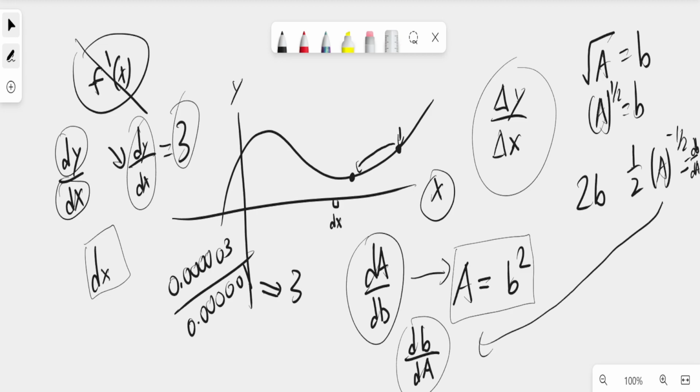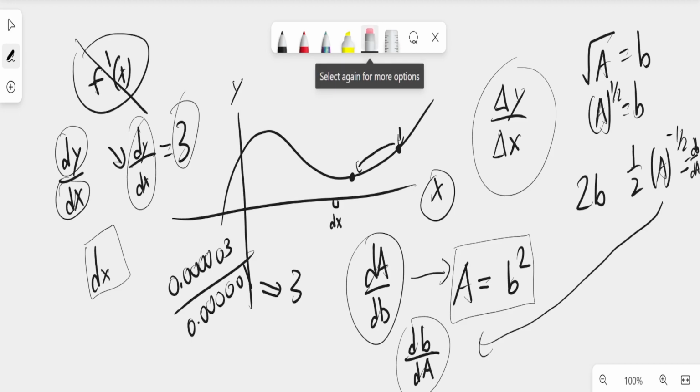But what I'm trying to say is, when you're taking the derivative, you're taking it with the consideration of two variables, right? You're measuring the change of the relation between two variables. You're not just taking the derivative of something.